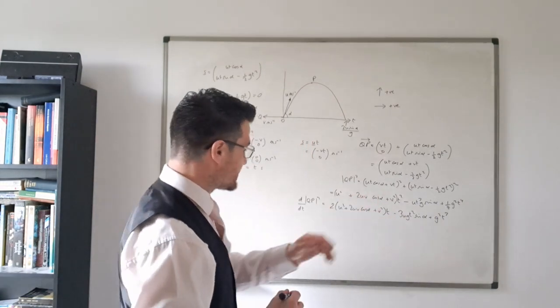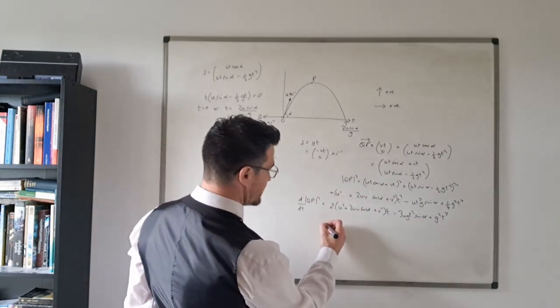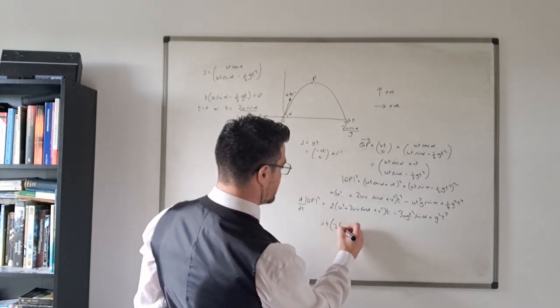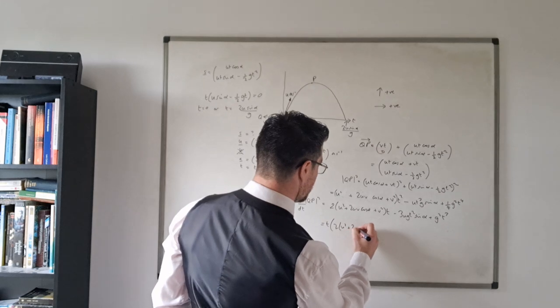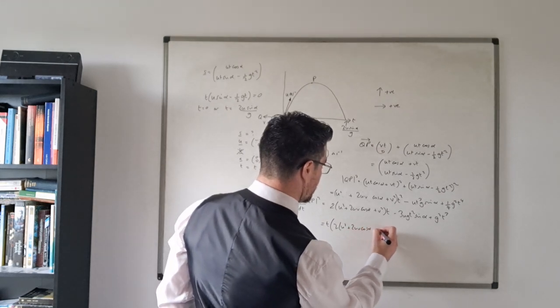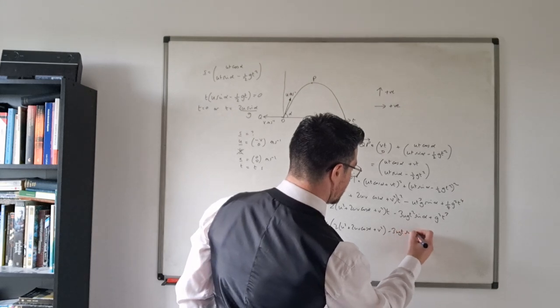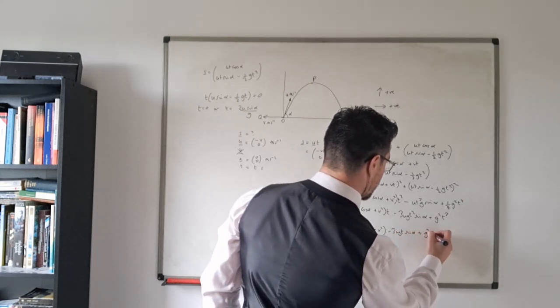So I can take t out as a common factor from here. So I get t times 2u squared plus 2uv cos alpha plus v squared minus 3ugt sine alpha plus g squared t squared.